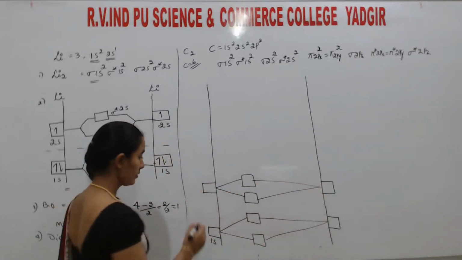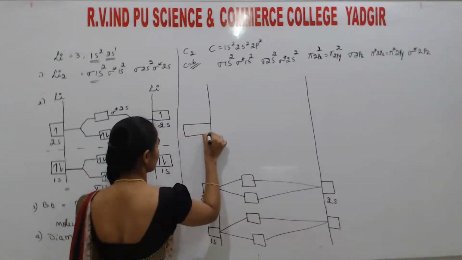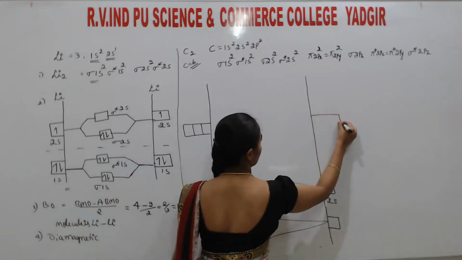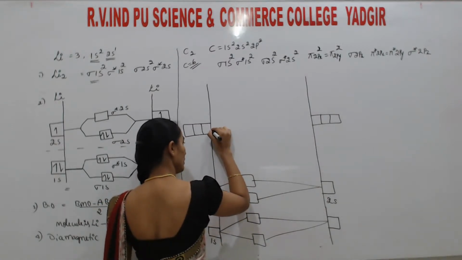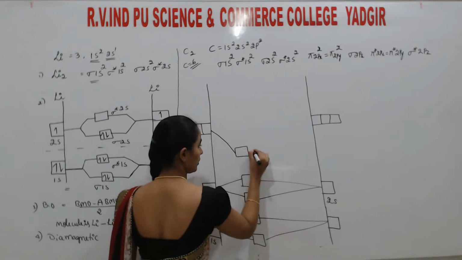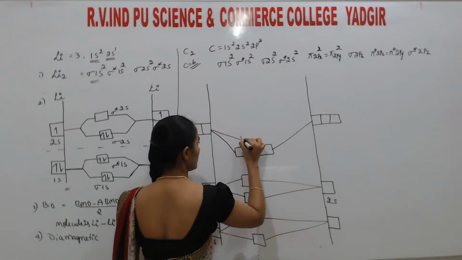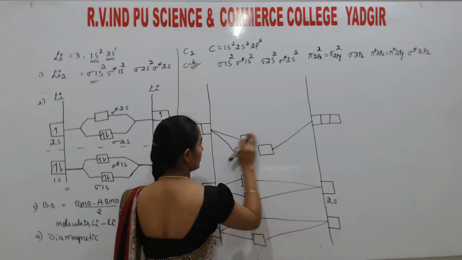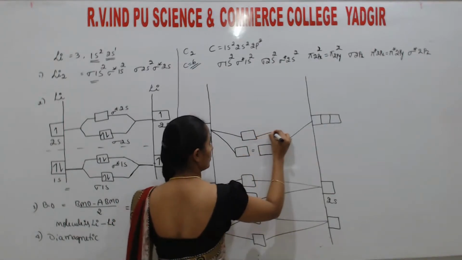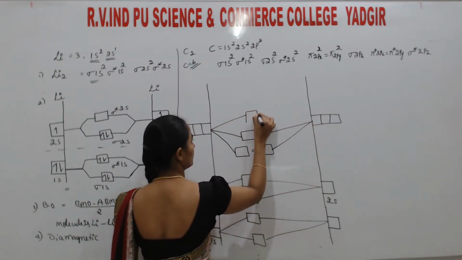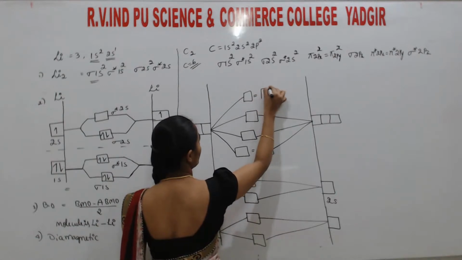This is the 2s orbital. Next, so in that the first one will be. Don't confuse in that how to write the diagram.